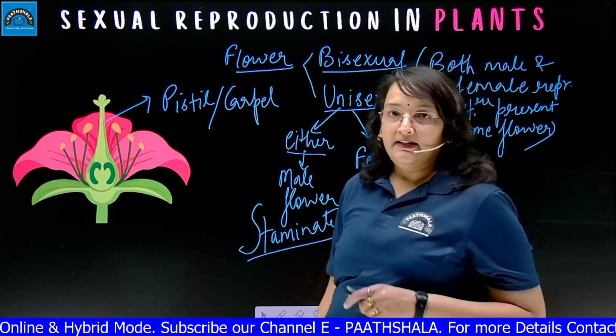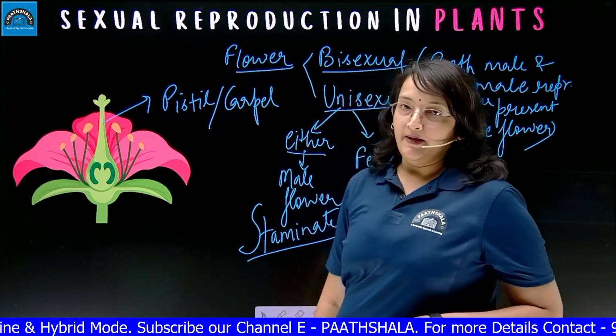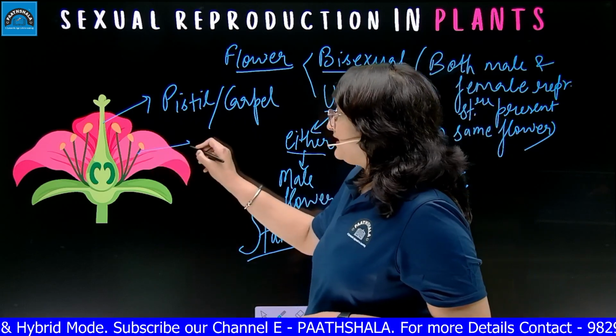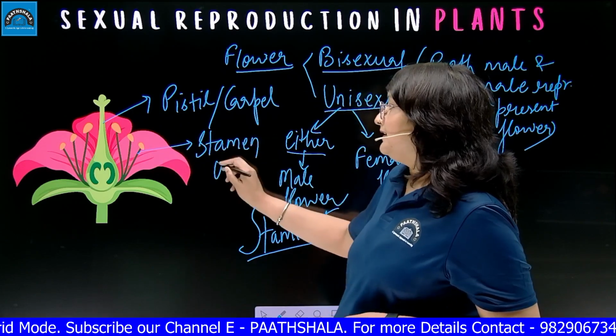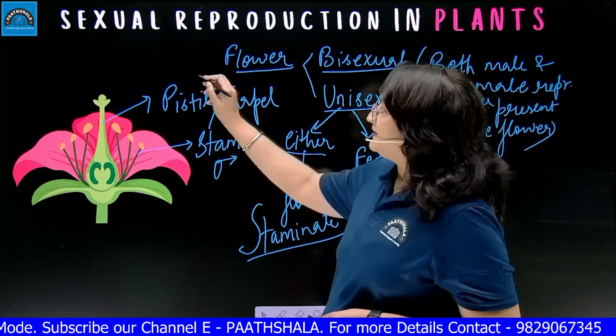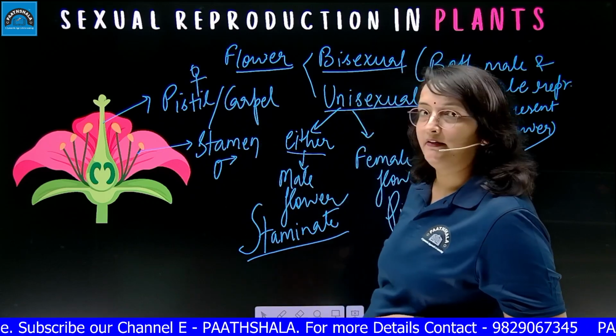Pistil or carpel in a flower is the female reproductive part, and these structures are called stamen. Stamen are the male reproductive part, pistil are the female reproductive part, right?